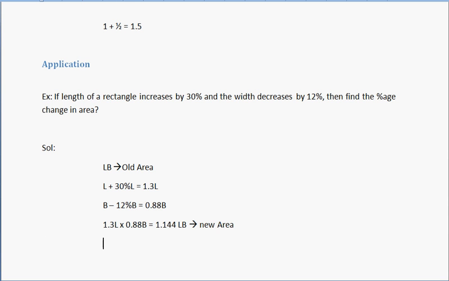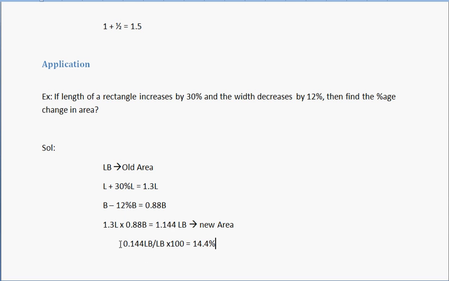New area minus old area, which would give us 0.144 LB divided by old area, which is LB, and this whole multiplied by 100, right? So this would give us 14.4%. So that would be our answer, 14.4%.